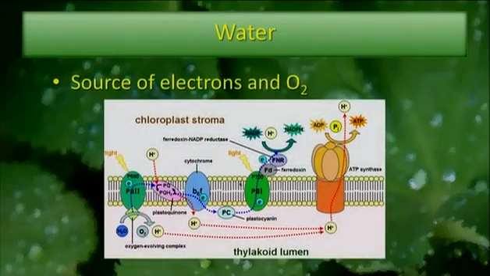It's also the source of electrons and oxygen gas. This is actually showing the light reactions of photosynthesis, which we'll go into next time. Water, which comes in here, is split by light, and oxygen gas is given off. This is where oxygen gas is given off, and then electrons are passed down an electron transport system.